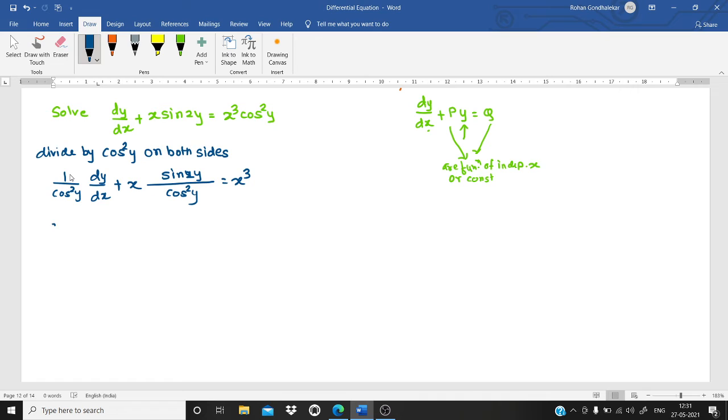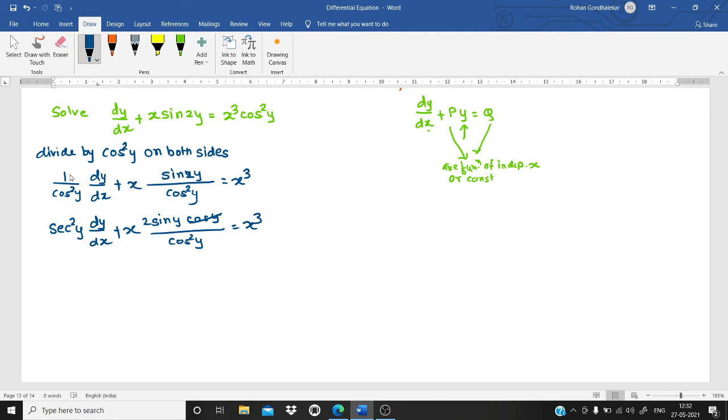So 1 upon cos square y is sec square y into dy by dx plus x as it is. Sin 2y is 2 times sin y cos y upon cos square y is equal to x.